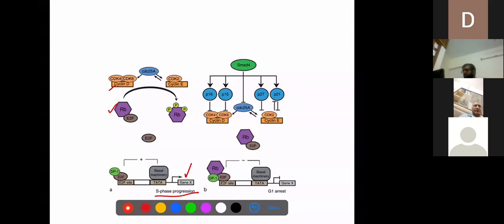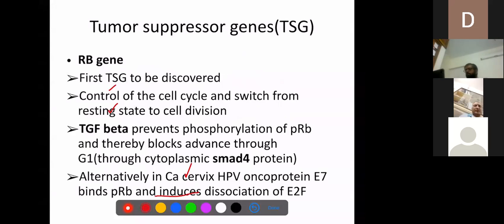And one more important tumor suppressor gene I want to comment on here is TGF beta, transforming growth factor beta. It prevents the phosphorylation of the retinoblastoma protein and thereby blocks advance through G1. So what does cyclin D do?